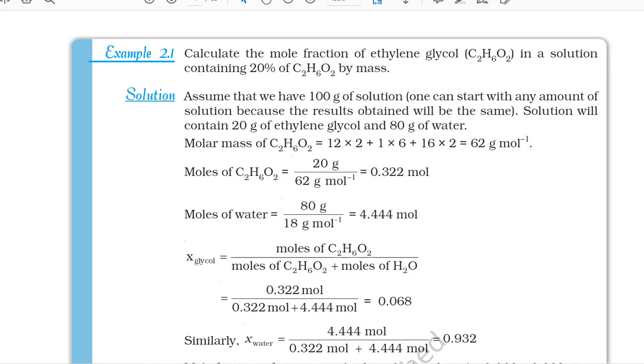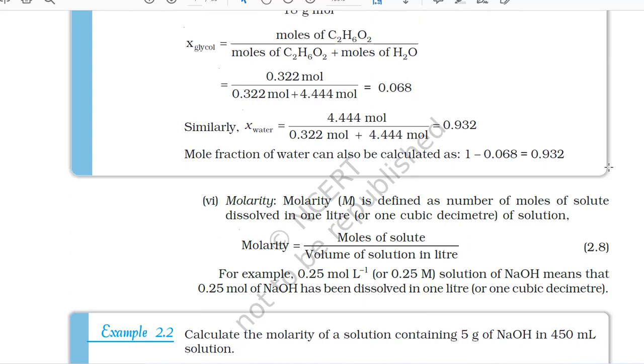Mole fraction of glycol equals moles of C2H6O2 upon moles of C2H6O2 plus moles of H2O, which is 0.322 mole upon 0.322 mole plus 4.444 mole, equal to 0.068.